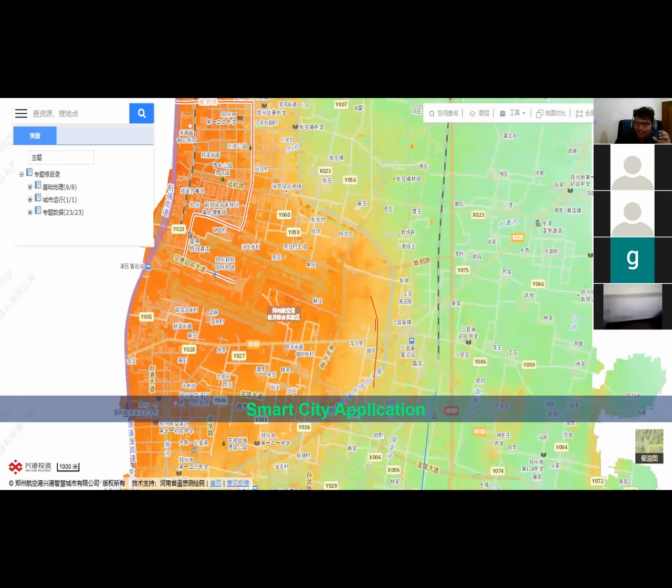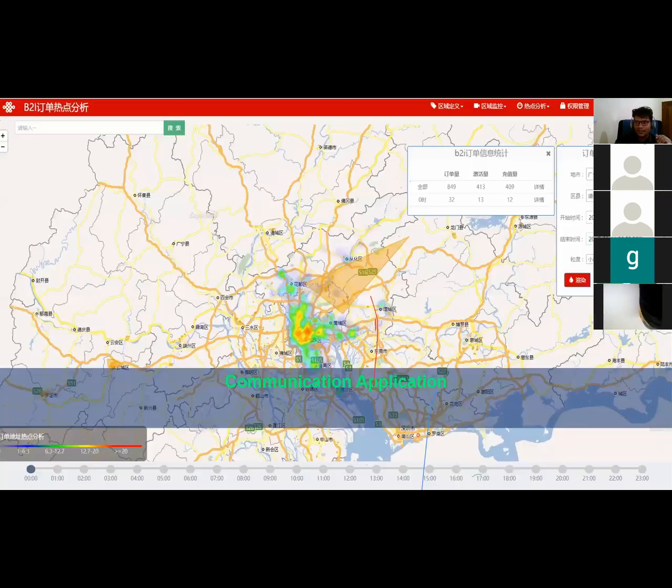Everything matters, and a smart city is something that understands all these things as information. So in smart city applications, we use GIS a lot. And this is about communication applications. It's also about your mobile applications, where the traffic density is highest.